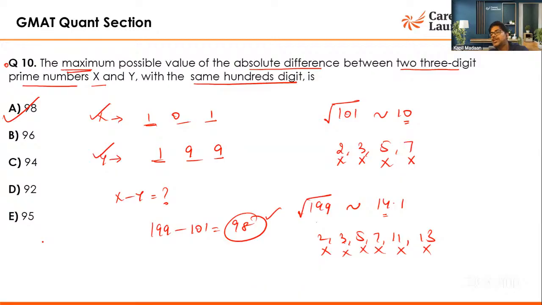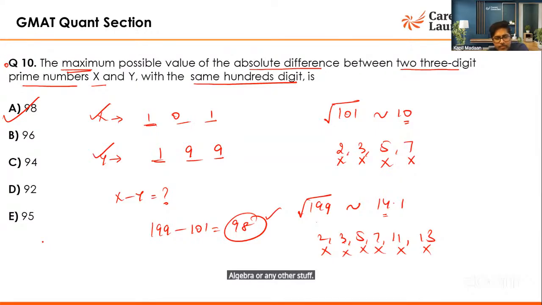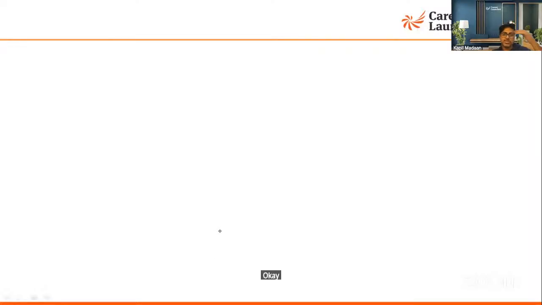Try using values to find the answer or to get closer to the answer, as compared to doing algebra or other methods. Let's try the next set of questions, which are from DI, the Data Insights section.